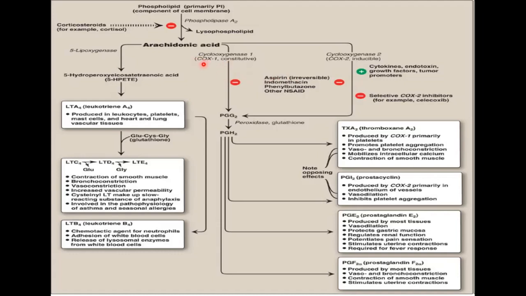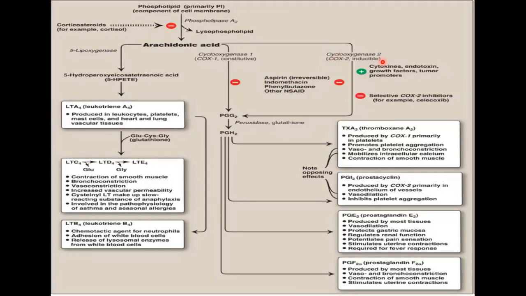So COX-1, I said, is constitutive and COX-2 is inducible. Now, COX-1 and COX-2 are both inhibited by the non-selective non-steroidal anti-inflammatory drugs, NSAIDs: aspirin, indomethacin, phenylbutazone.